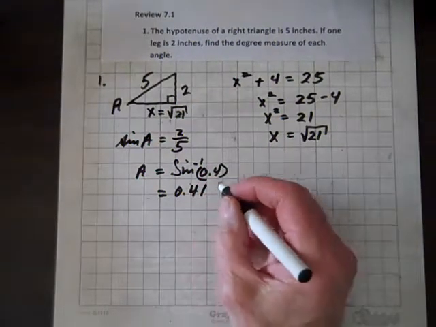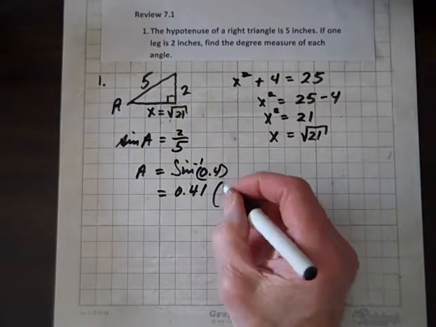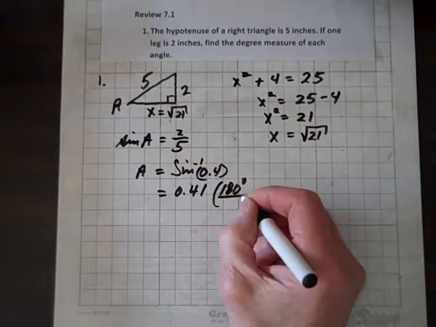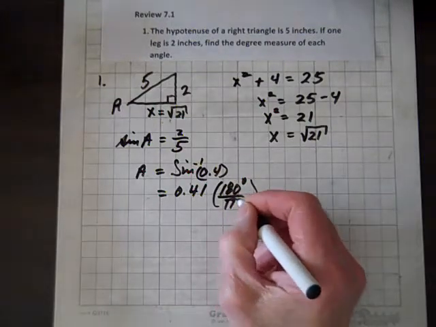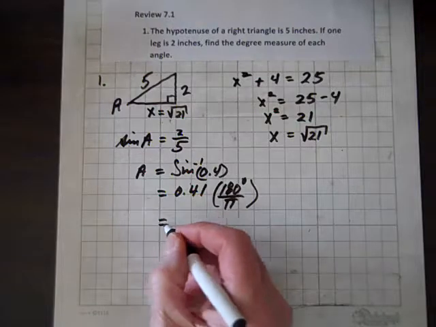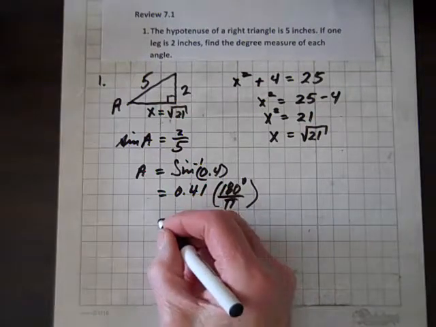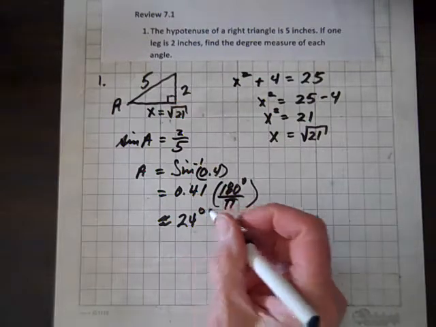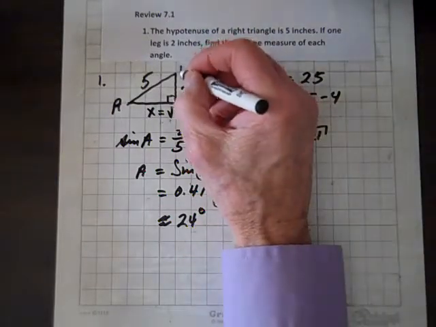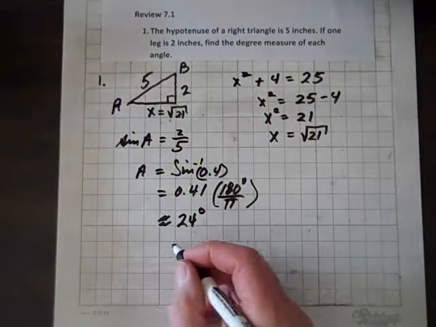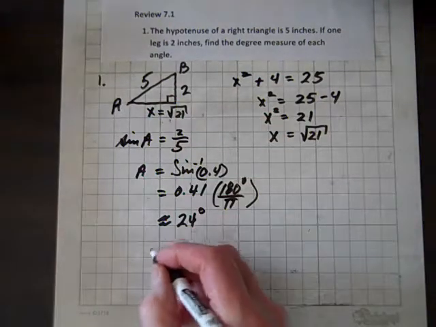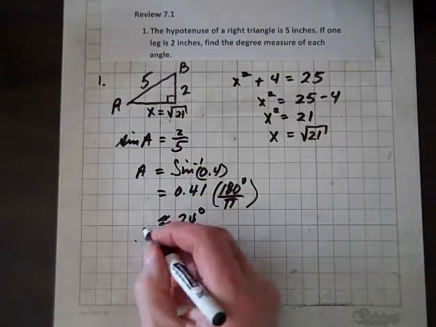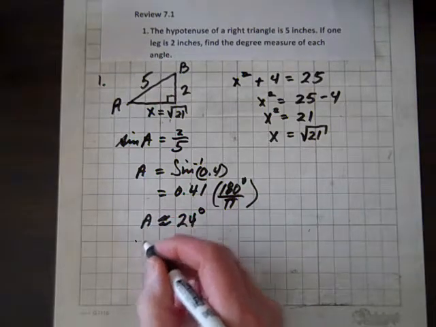And now let's convert that to degrees, so we have 180 degrees over pi, multiplying by the unit multiplier, and I get approximately 24 degrees. So if we call this angle B here, then the measure of A equals 24 degrees.